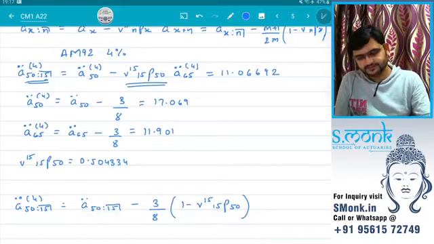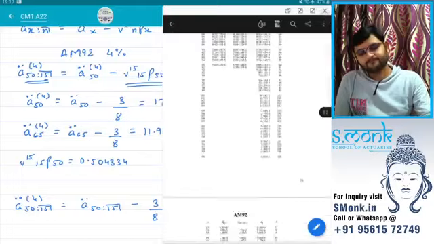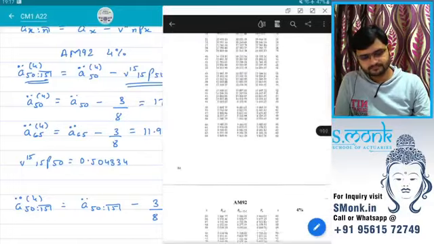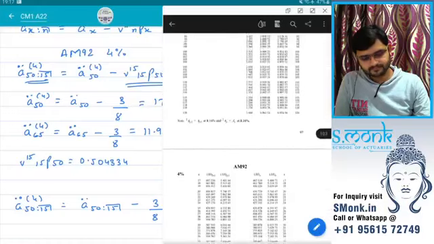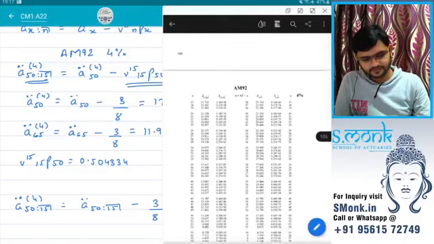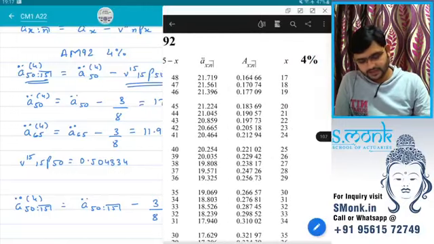Let's see this 4% table. So these are endowment style tables, right? Here we want 50:15.